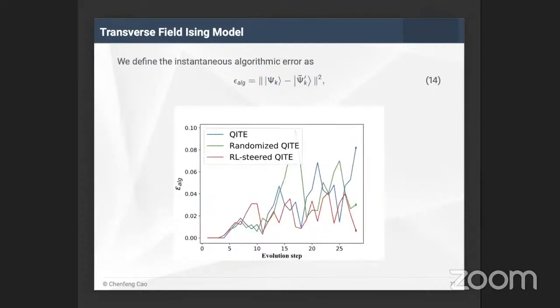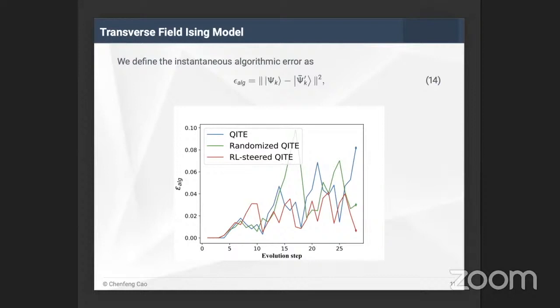Now we look at the algorithmic error in detail. We define the instantaneous algorithmic error as the squared Euclidean distance. Here we set beta equals 0.9. The instantaneous error is shown in this figure.